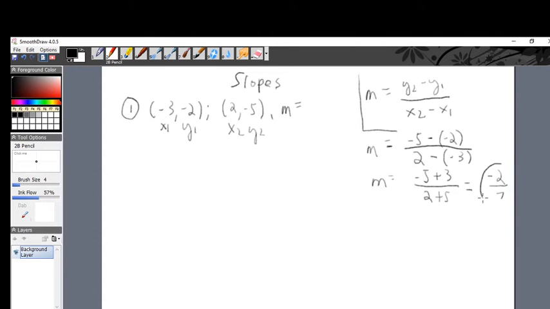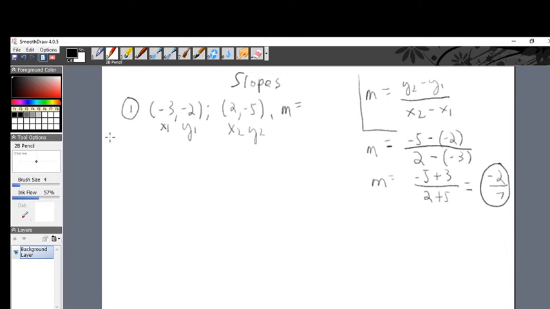Here's my slope. You can have negative slopes, you can have positive slopes, and we just got ourselves a negative slope. Most of the time, a slope is going to be a fraction, 2/7, 1/4, etc. Okay, that's our first example of a slope.